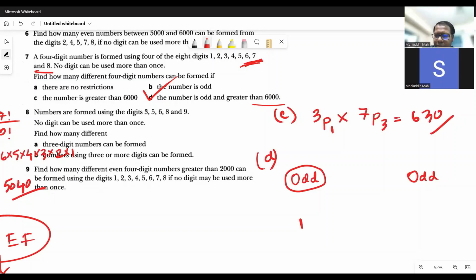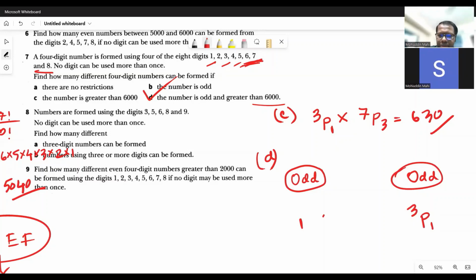Now, let's fill up the last digit with an odd number. As we have already used 7, we cannot use 7 anymore because we can only use each digit once. So how many odd digits are left? 1, 3, and 5. So 3 odd digits are left. We can put that here in 3p1 ways. Fine.